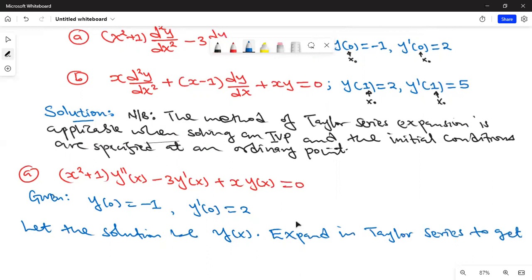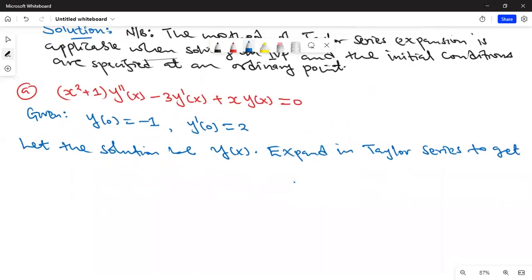To get the Taylor series expansion of f of x or even y of x, any function of x, it will be y of x is equal to the sum from n equals 0 to infinity of the nth derivative of y at x naught over n factorial times (x minus x naught) raised to n. That is the Taylor series expansion of the function y of x.